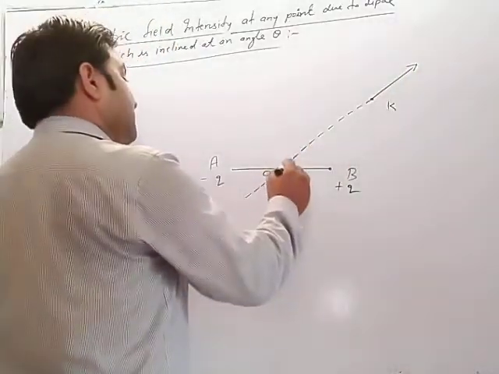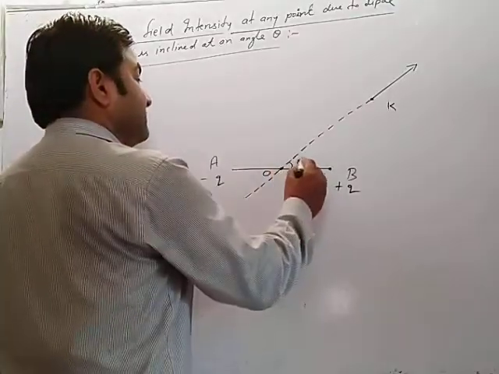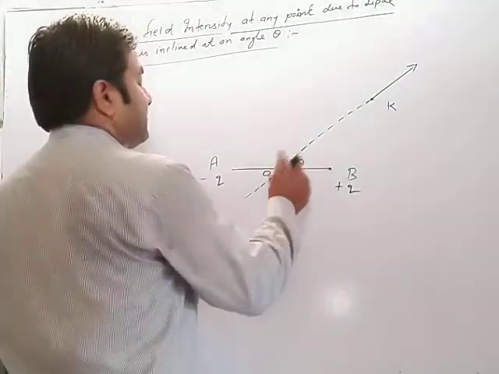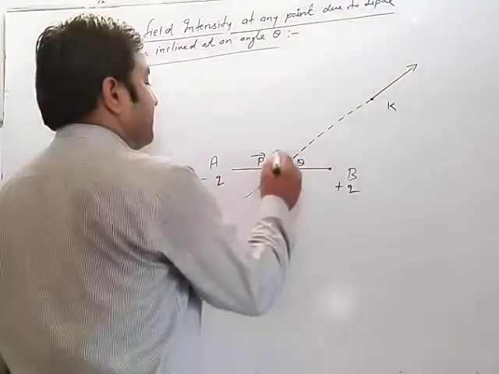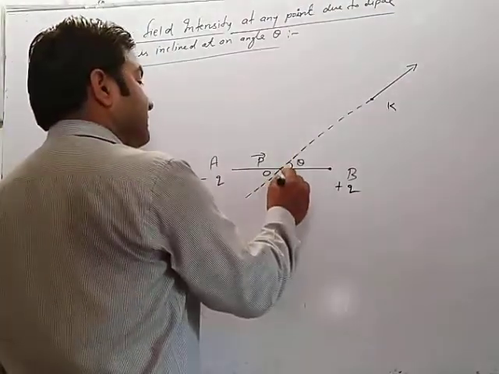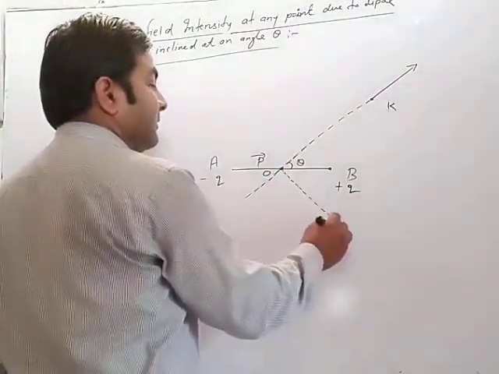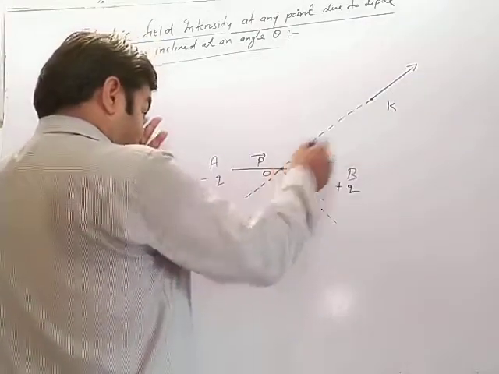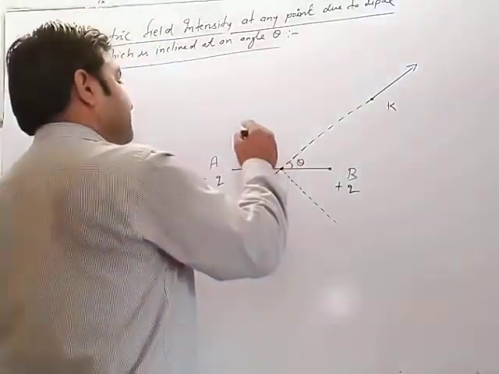And this line makes an angle theta with the dipole moment axis, and another line makes an angle of 90 degrees with this axial line.